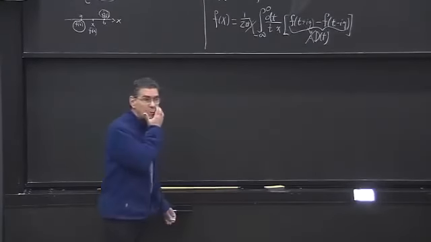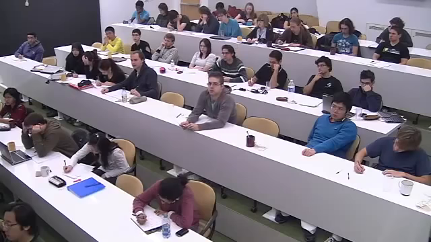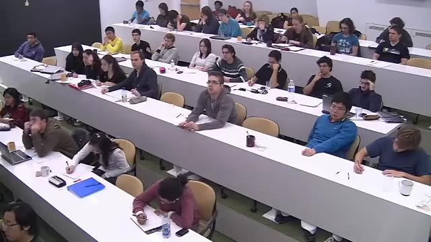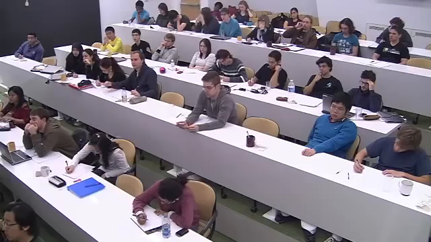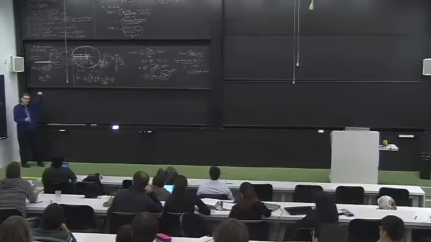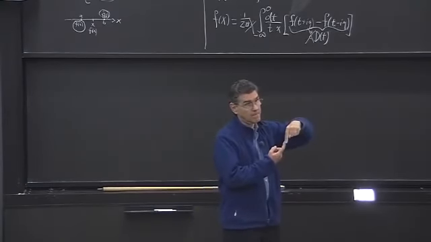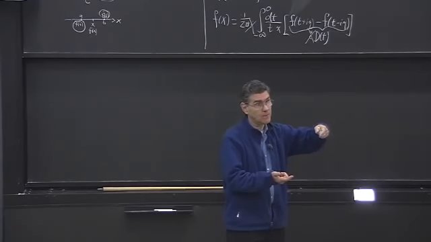The reason why is because I've used the Herglotz property. Remember, if I have a Herglotz function, it's going to be real on the real axis, if it exists.